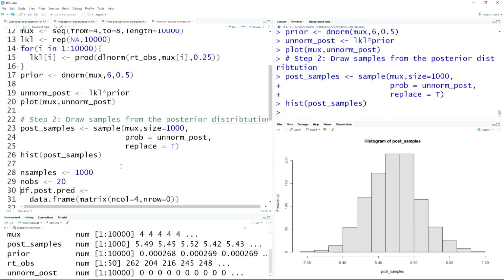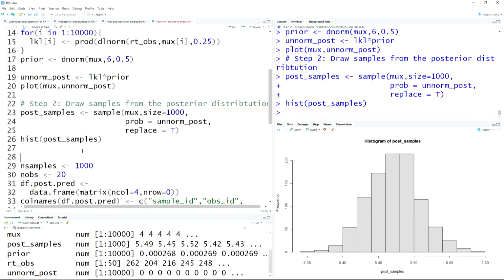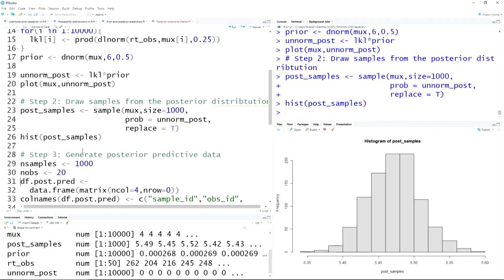All right. Now, I will go into generating posterior predictive data. So, this is step 3, generate posterior predictive data. I am taking 1,000 samples.